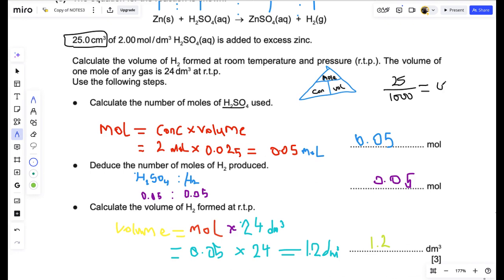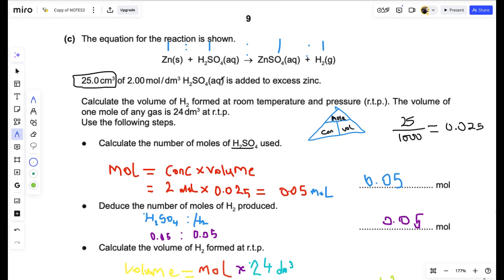In case you're wondering where in the world we got 0.025 from, it is from the volume they've given us. We just convert it to decimeter cube. So you multiply 2 times this, you get 0.05 mole. So the mole of sulfuric acid, we relate with the molar ratio.